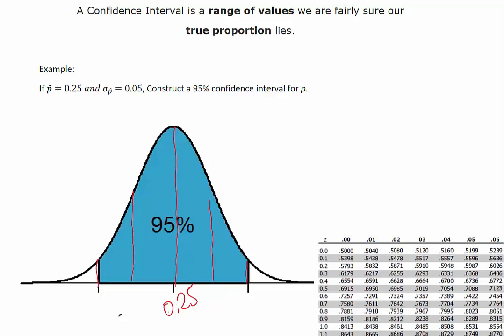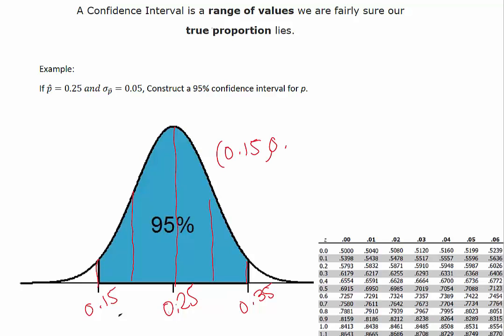So we could kind of mentally figure this one out, where 0.05 is 1 standard deviation up and then another standard deviation up. This would bring us to about 0.35. If we're looking for standard deviations below, we would end up with 0.2 and 0.15. So this is all our confidence interval.